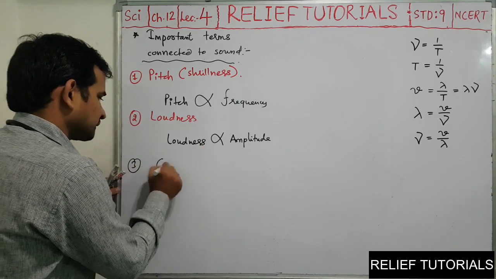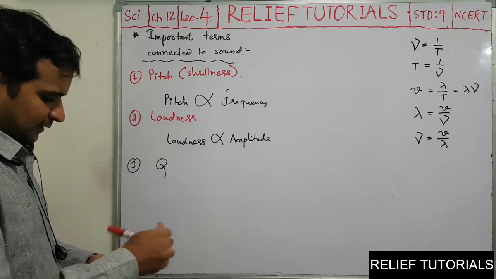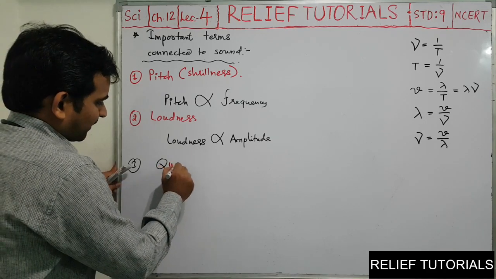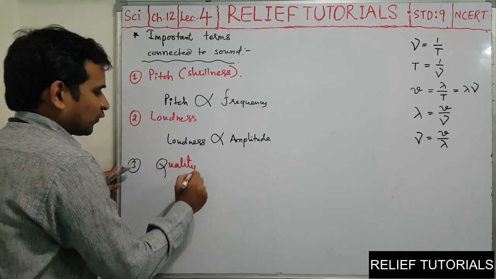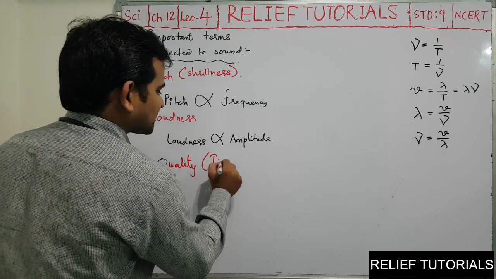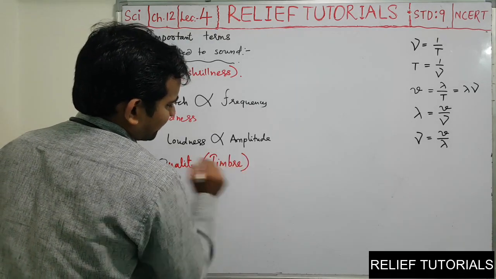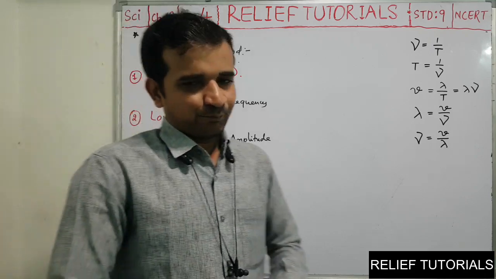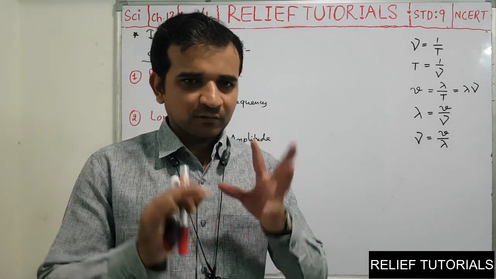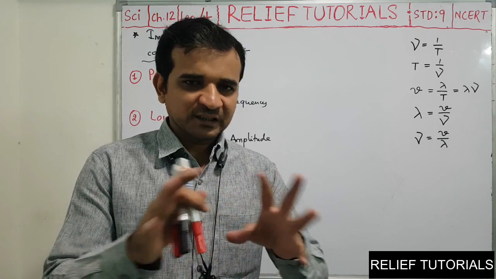The third is quality. Quality of sound is also called timbre. Timbre of sound. For example, you and your five friends, a total of 6 persons.